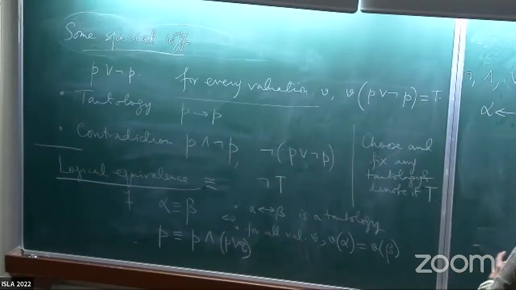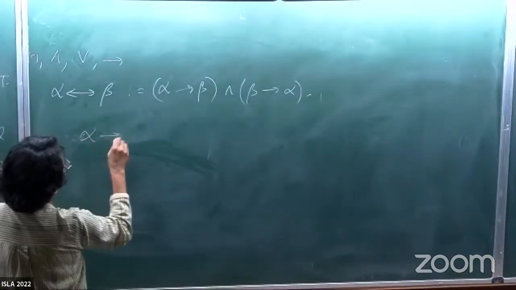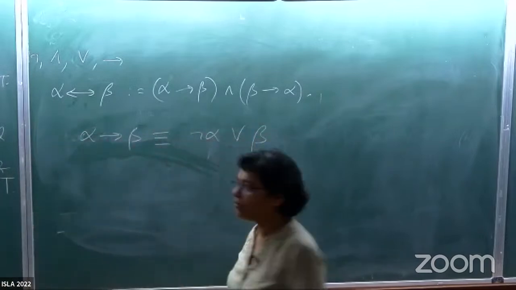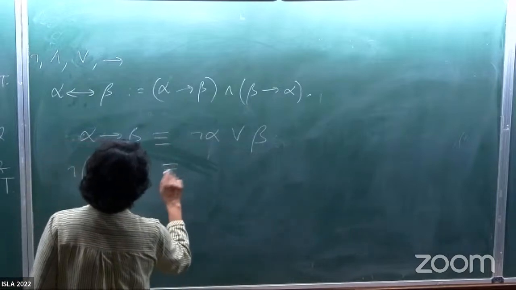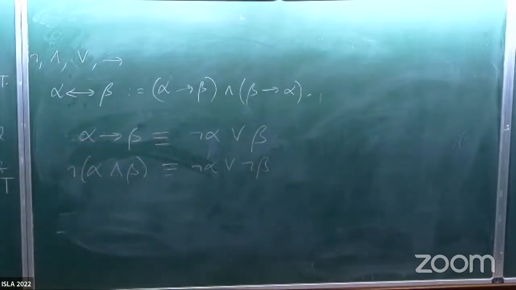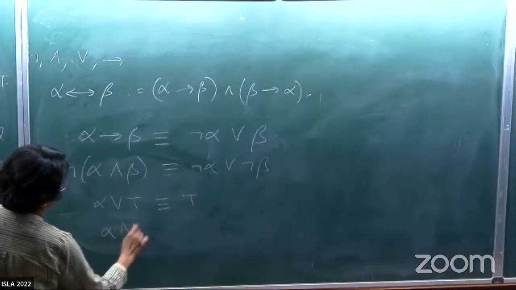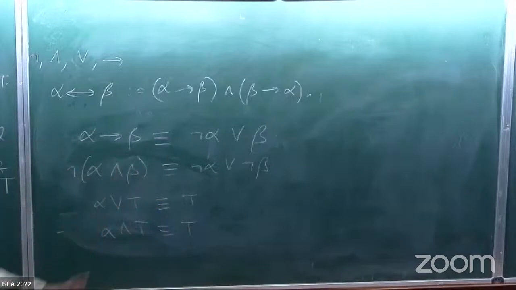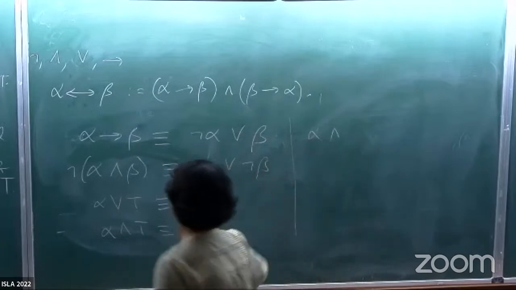So once you have opened this up, now you see you have this whole collection of equivalences coming up. For example, this. For example, do these look familiar? Similarly, you can have, sorry, yes, thanks.